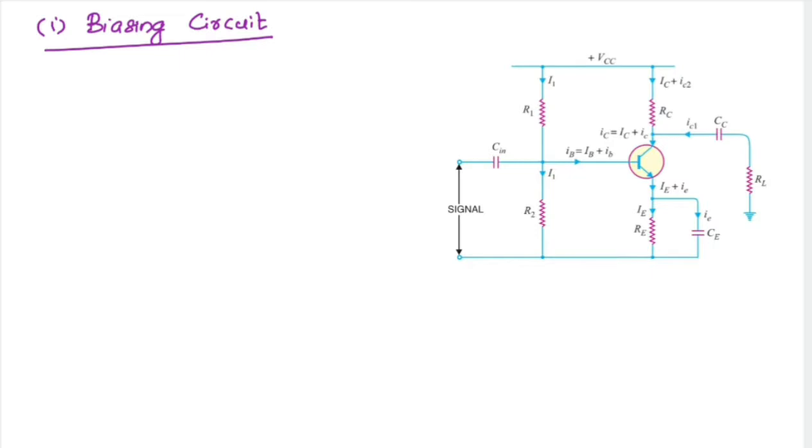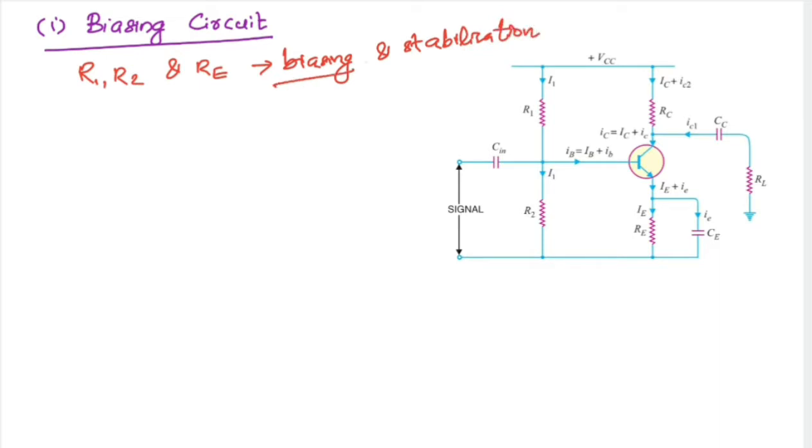I already mentioned that the resistances R1, R2 and RE form the biasing circuit. So this actually forms biasing and stabilization. So now you are familiar with the terms biasing and stabilization. The biasing circuit must establish a proper operating point.